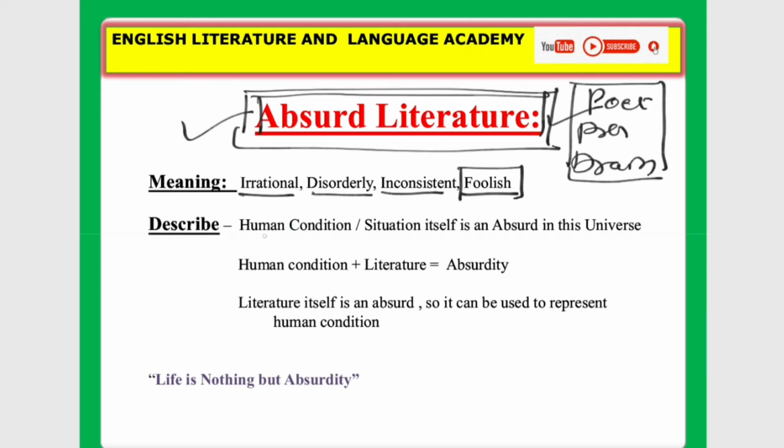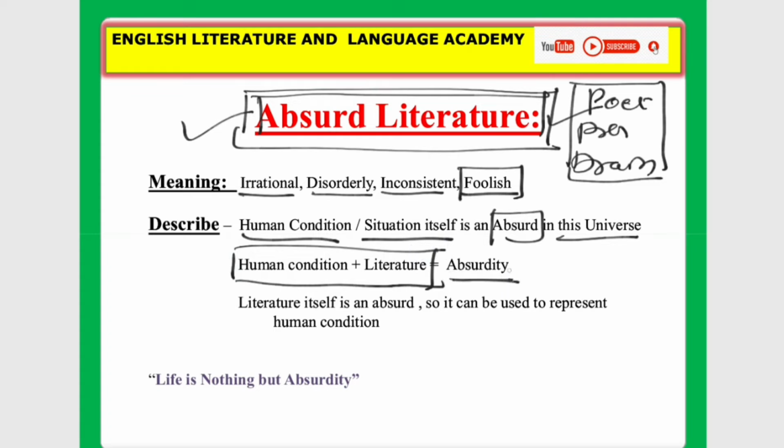So what is absurd? Let us see. Absurd here can be applied to the human condition, the human situation itself as absurd in this universe. Human condition and literature is nothing but absurdity. Look at the statement: literature itself is absurd. So literature can be used to represent the human condition as very absurd.